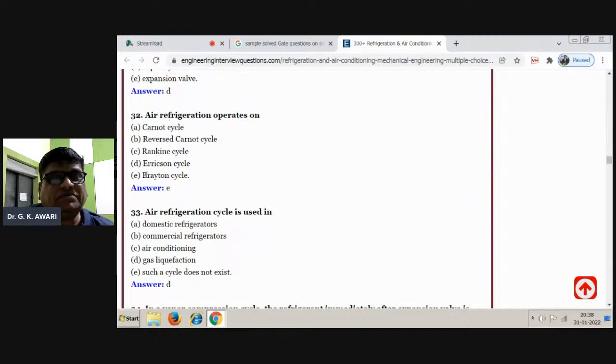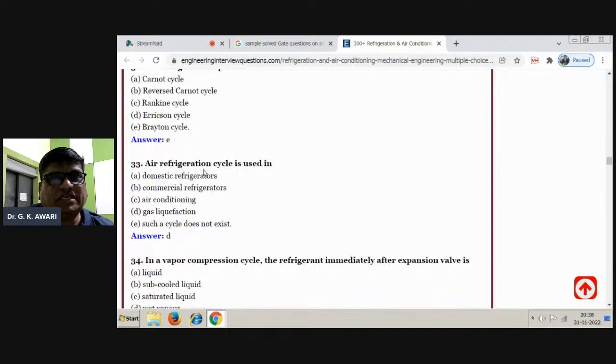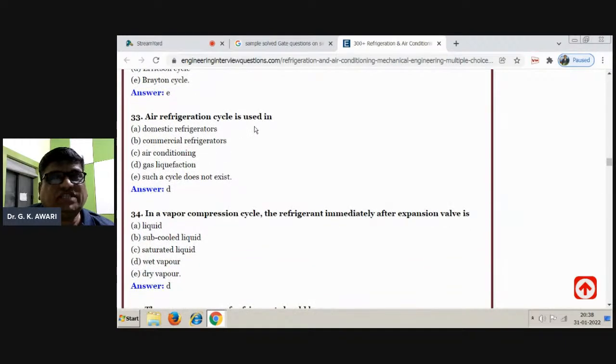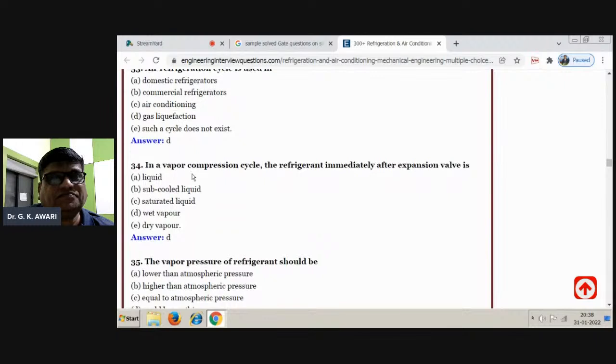Air refrigeration system operates on the Brayton cycle. Air refrigeration cycle is used in which application? Whether it is domestic refrigerator, commercial refrigerator, air conditioning, or gas liquefaction, it is used in gas liquefaction.